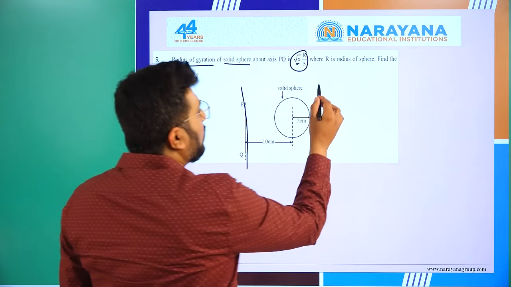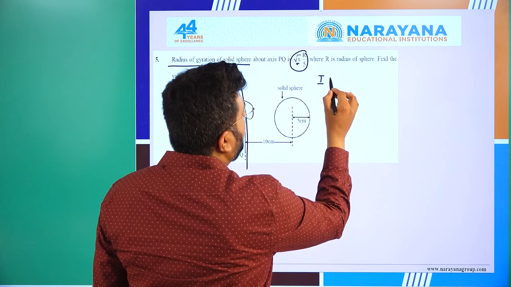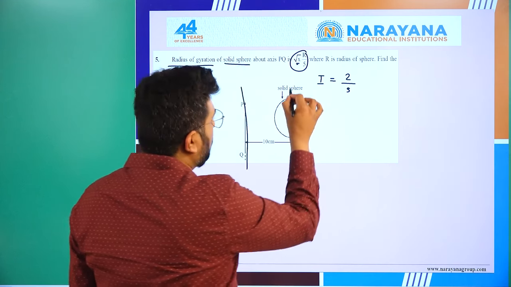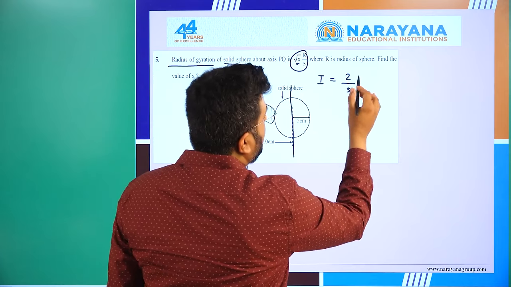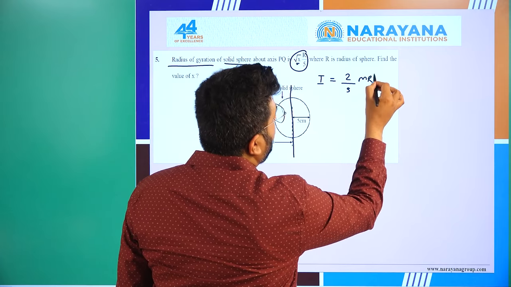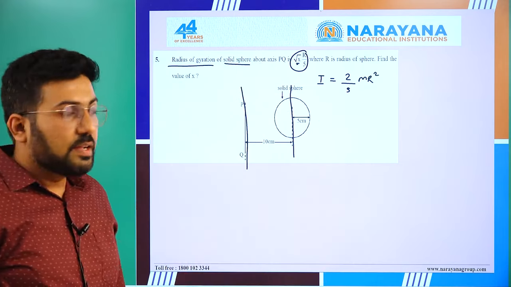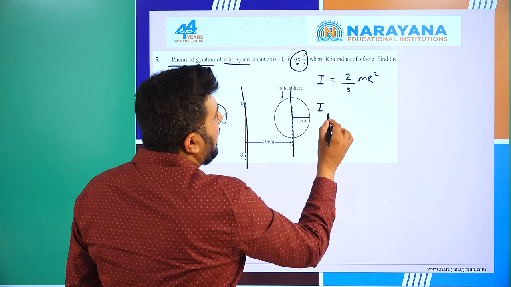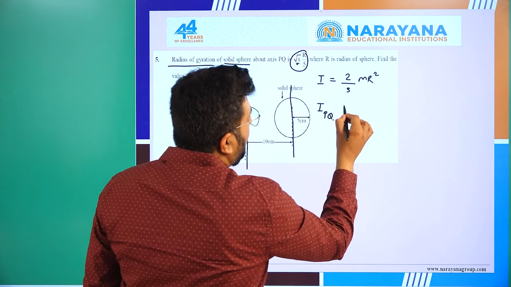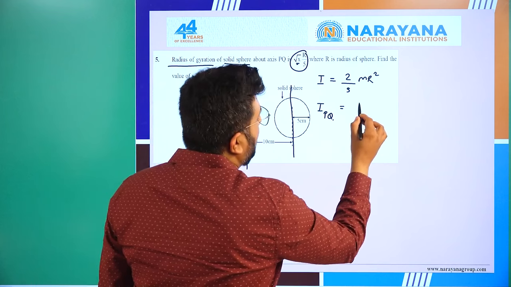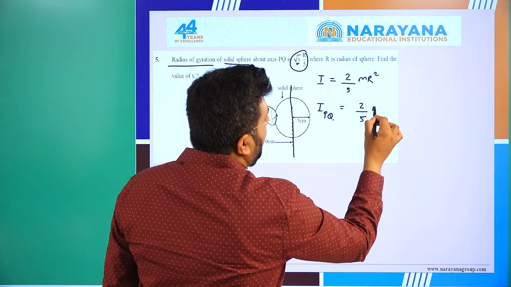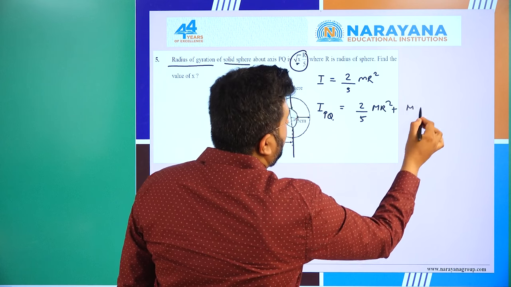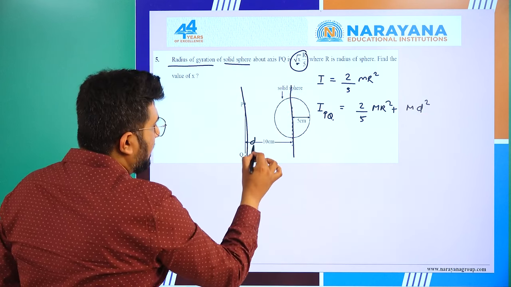So I know the moment of inertia of a solid sphere about an axis passing through the center is 2 by 5 mr square. And by parallel axis theorem, I about PQ will be equal to 2 by 5 mr square plus md square, where this is d.